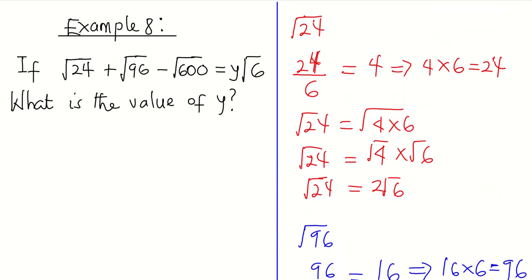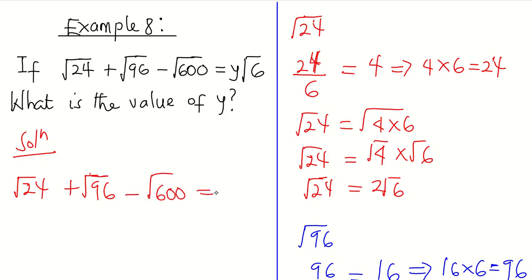So if we are to continue with our solution, then we can see that our solution now, square root of 24 plus square root of 96 minus square root of 600 is equal to y square root of 6.